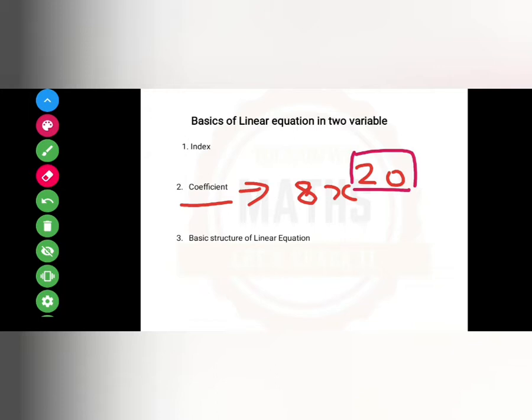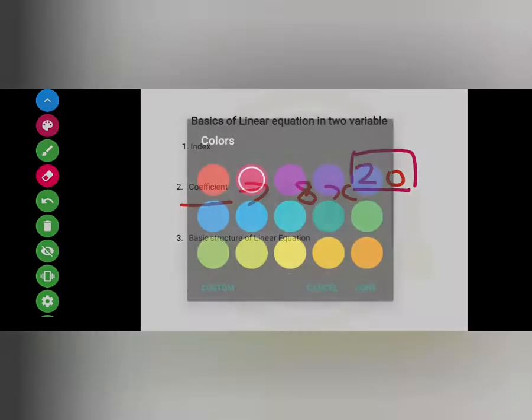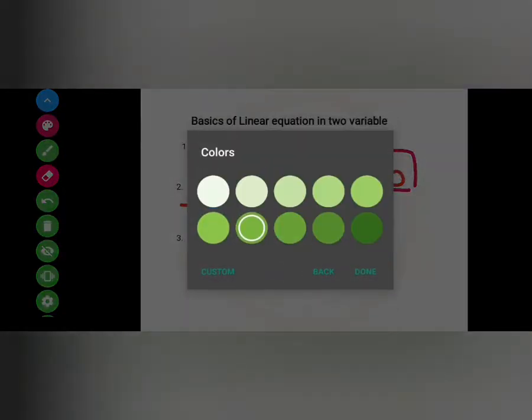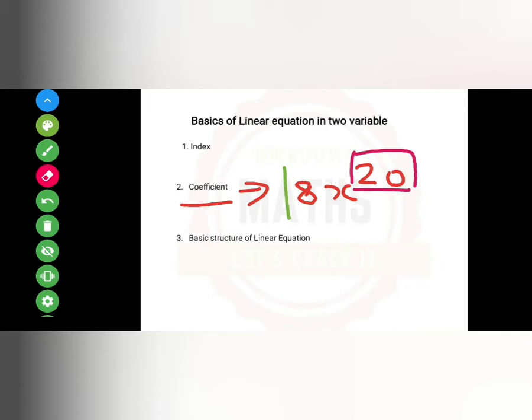What is coefficient? Coefficient is any number written just before my variable. I repeat, any number written before my variable. So here I highlight which is that number. So 8 is before x, correct? So 8 is said to be the coefficient.